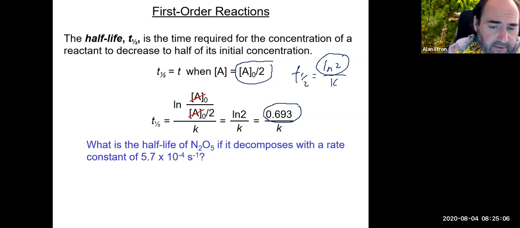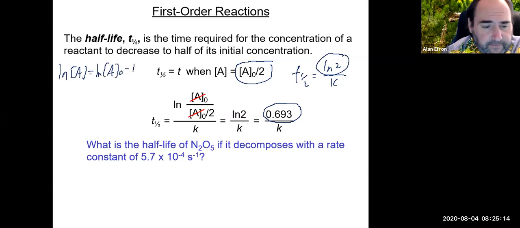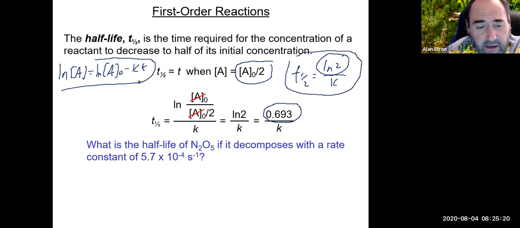So the half-life equation and the integrated rate law for first order are sometimes used together in the same problem. Usually that occurs when they give you the half-life of something, but they don't give you the rate constant.